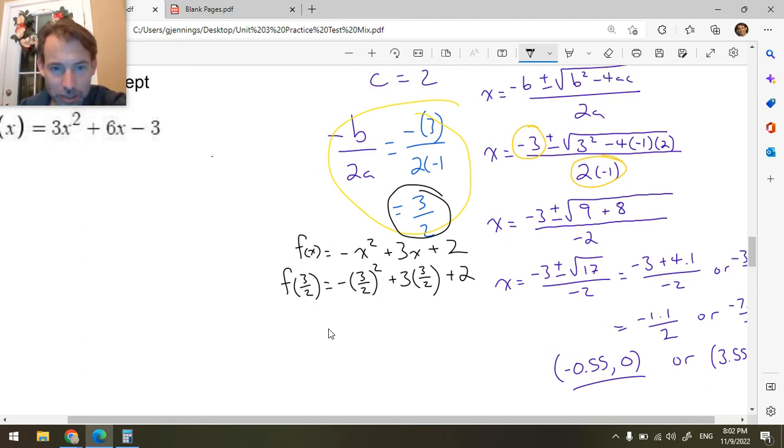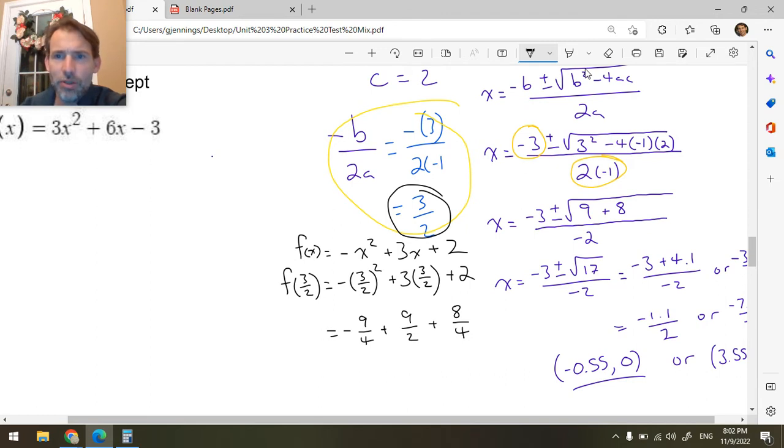So what we're going to do is say that this is, well, -(3 over 2) squared. That works out to be -9 over 4. Square the top, square the bottom. Plus 3 times 3 over 2, plus 9 over 2, plus 2. Well, I'm going to write 2 in a different way. I'm going to write 2 as 8 over 4.